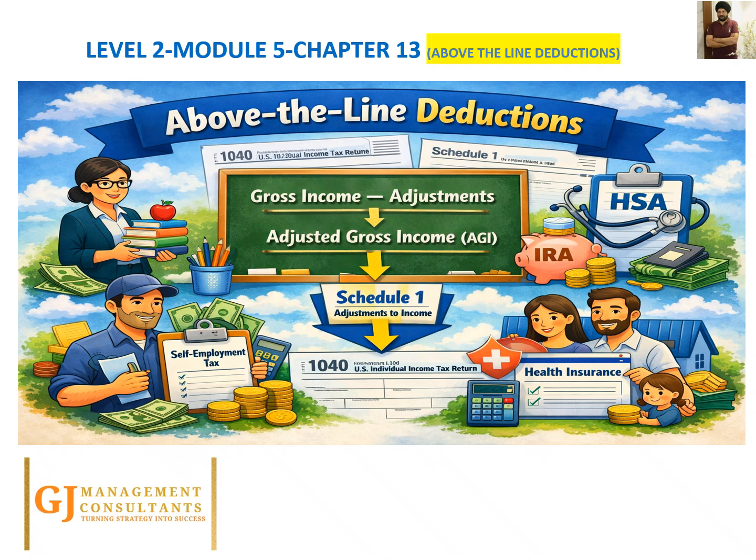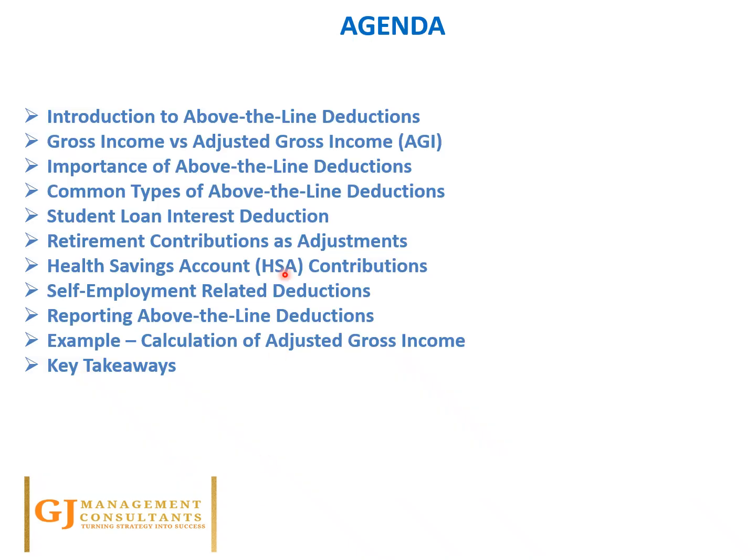So let's move to the first slide and look at the agenda that we're going to cover today. The key agenda is that we'll understand the concept of above the line deduction. We'll understand the concept of gross income, how these above the line deductions are adjusted, and then we finally derive the adjusted gross income. What is the importance of above the line deductions, and what are the examples or types of above the line deduction?